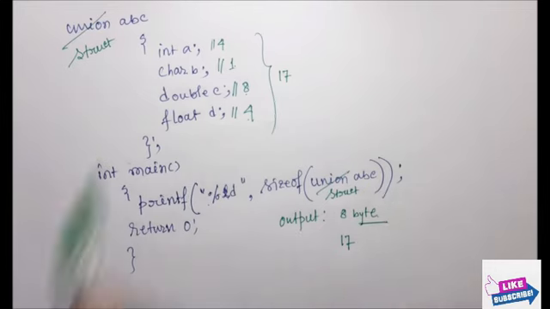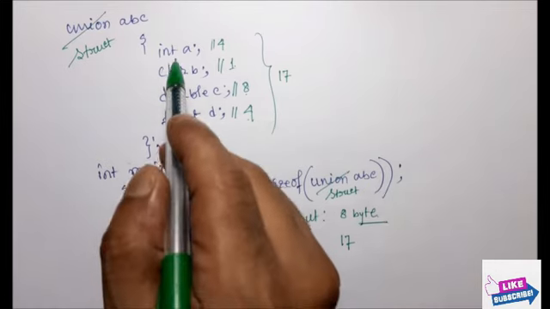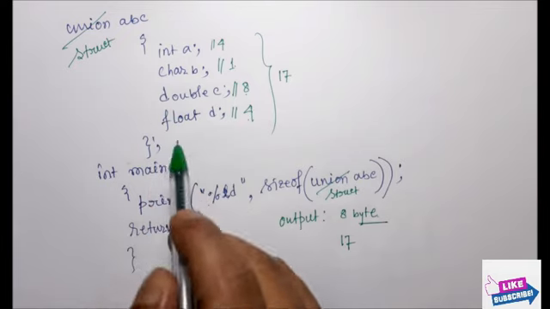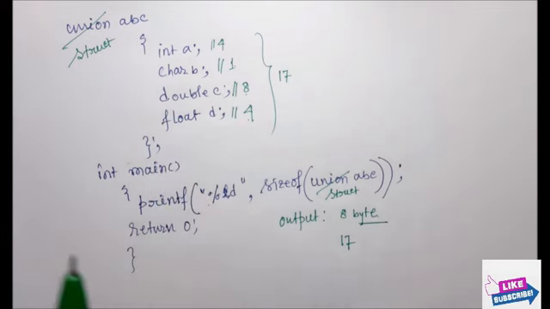Because the size of the union is taken according to the size of its largest member. And what is the largest member here?